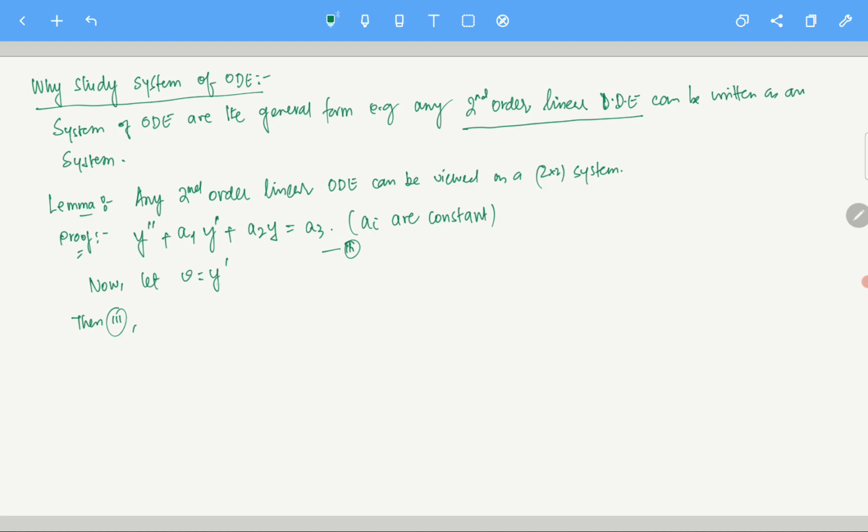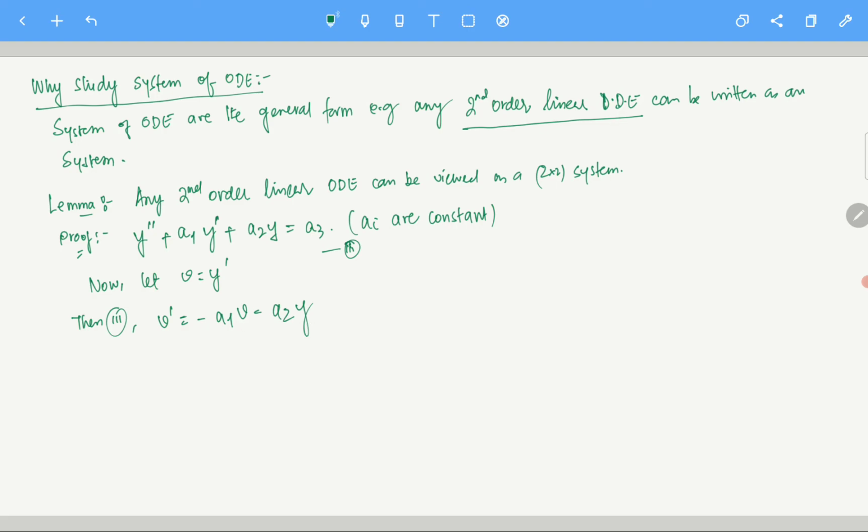If v is y prime, v prime exists, and it is given by v prime equals minus a1 v minus a2 y plus a3. So I can just shift all of this together and write it like this.